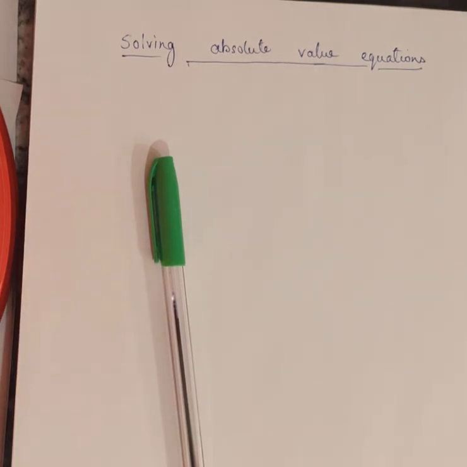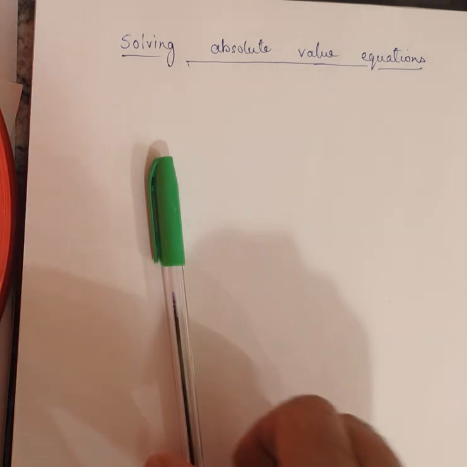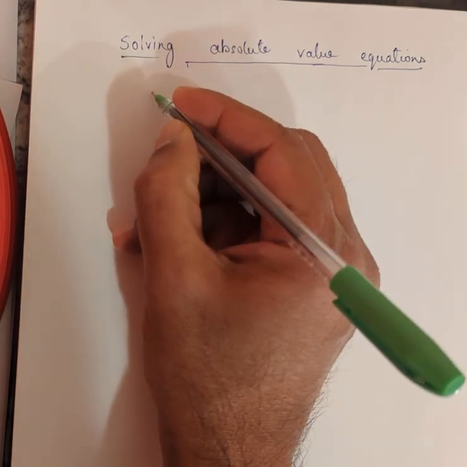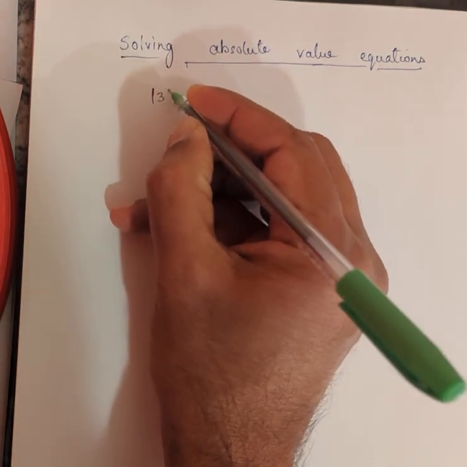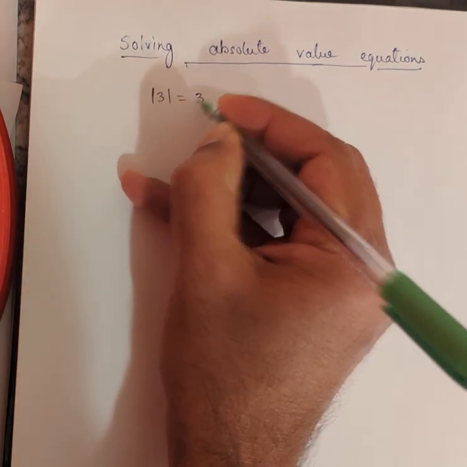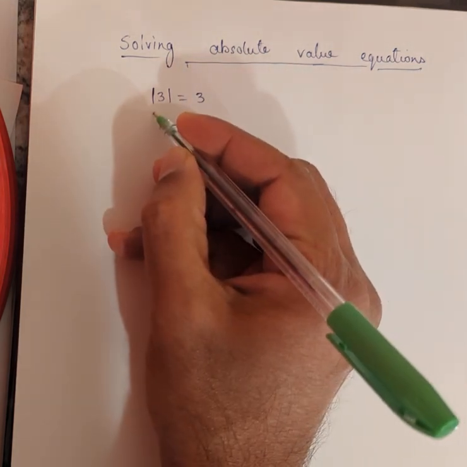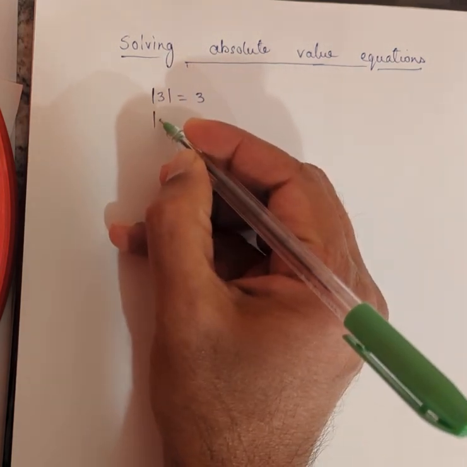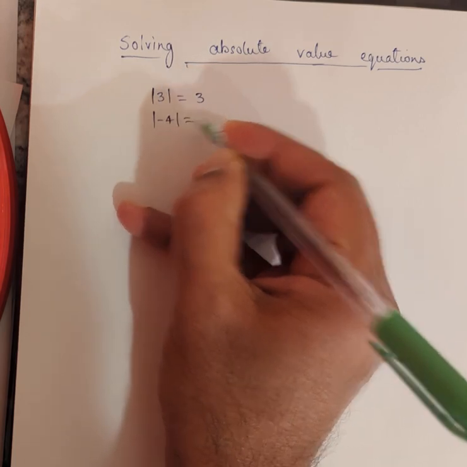Solving absolute value equations. Now, you might recall absolute value of a number is the distance from 0. So we say absolute value of 3 is equal to 3 and absolute value of -4 is equal to 4.